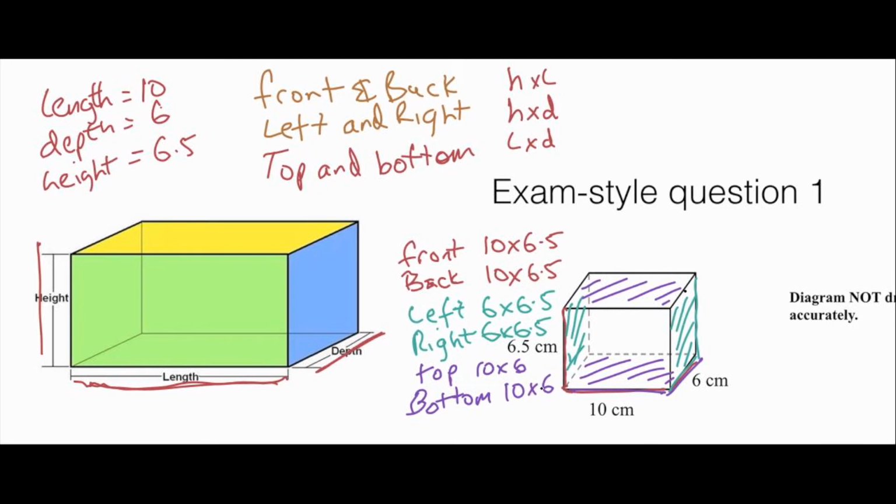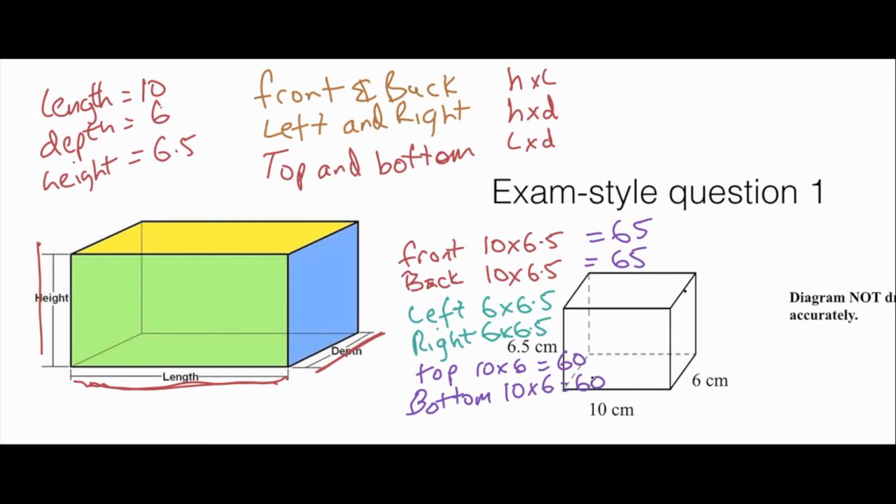So 10 times 6.5 is going to give me 65 for both of those sides. 10 times 6, both sides are going to give me 60. So that's going to give me 60 for the top and 60 for the bottom.